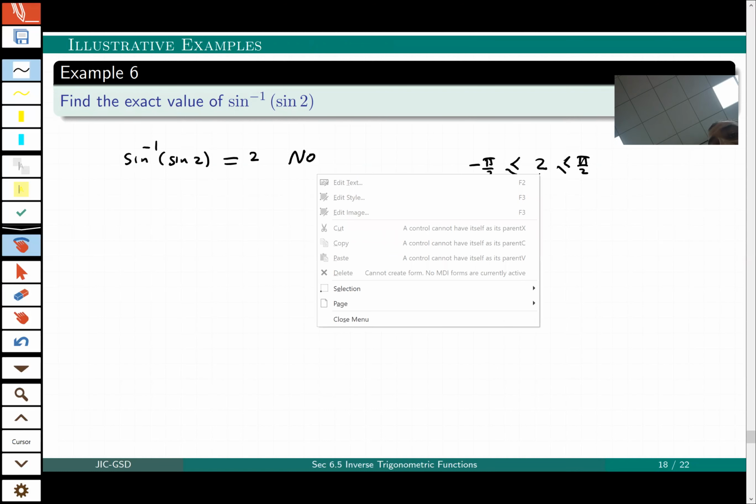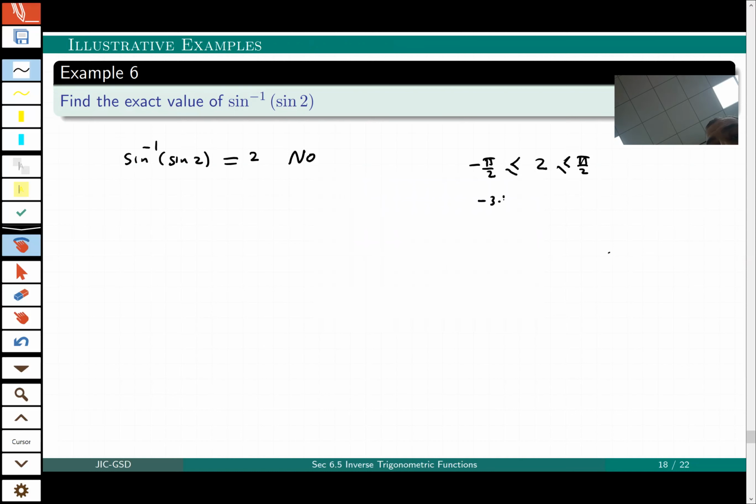And that's not true, because that's -3.14 over 2 and that's 3.14 over 2. Definitely 2 is not smaller than that one. So this is not true. This is a false statement. So sine inverse of sine 2 is undefined because it's violating the condition.